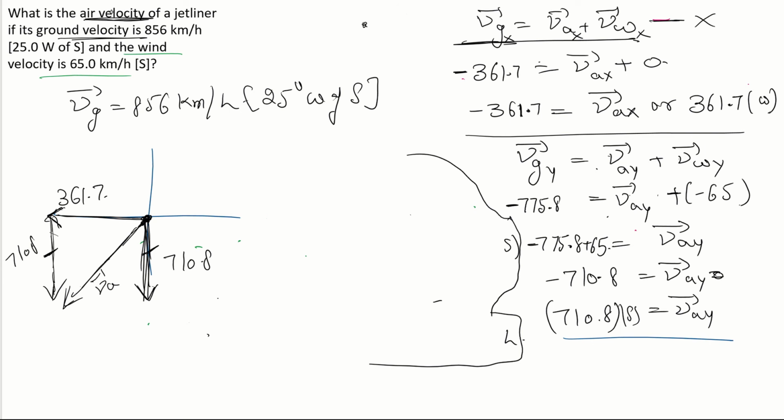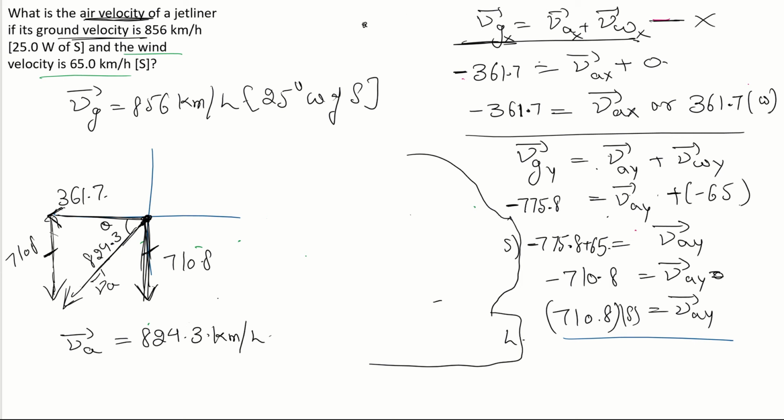That's going to give me 824.3. So Va comes out to be 824.3 kilometers per hour.